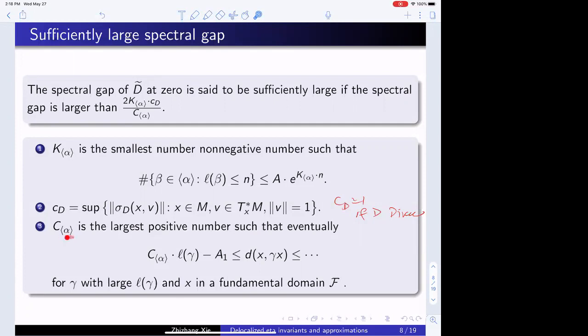Now, C alpha here is basically a distortion constant on the length. By the way, I forgot to mention this little l here is some word length function on the group gamma.